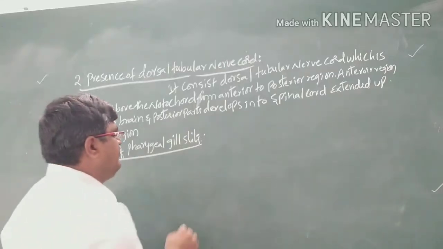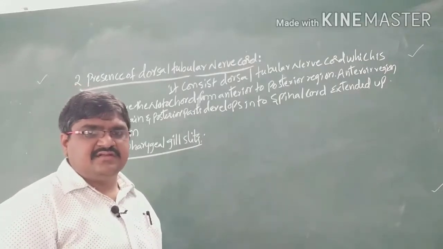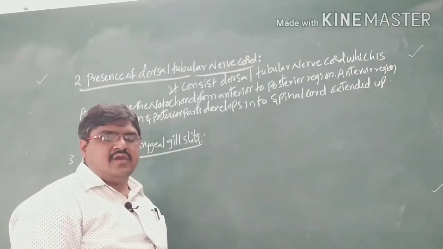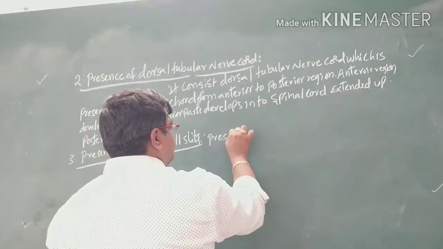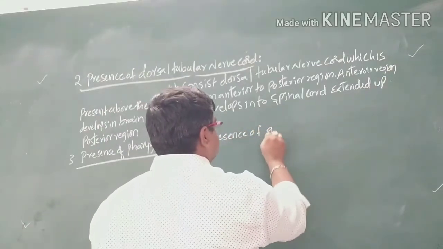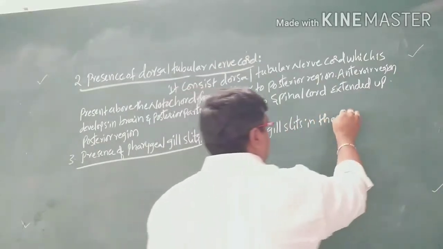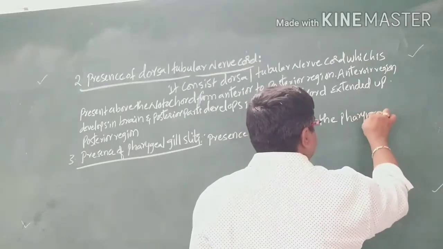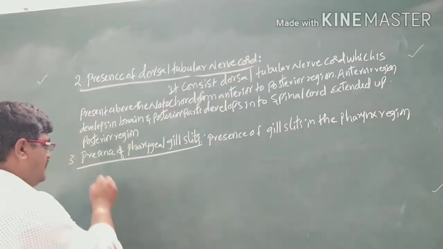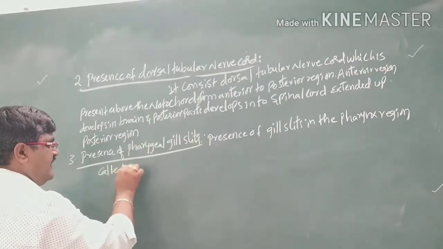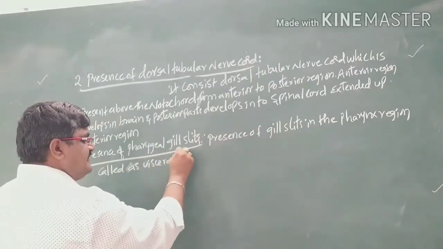That means the presence of gill slits in the pharynx region, called visceral slits.